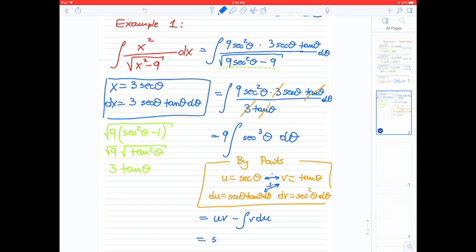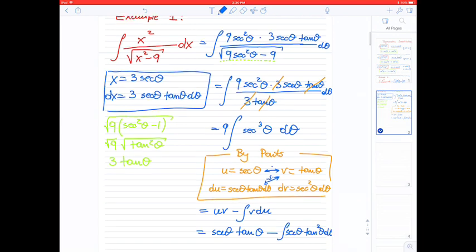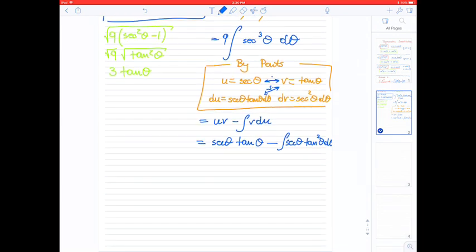Let's see. Secant theta tan theta, that's uv, minus the integral of secant theta times tangent times another tangent, tangent squared.